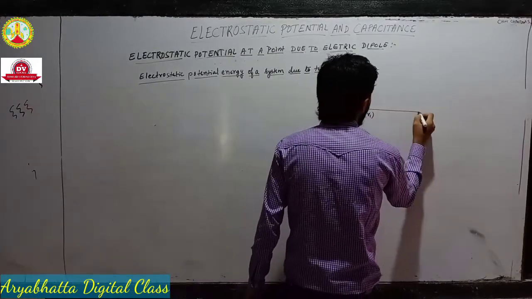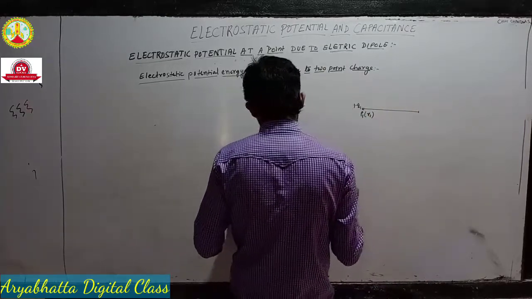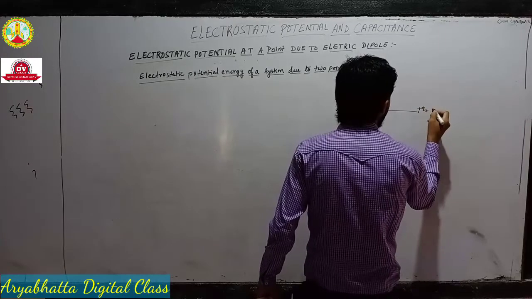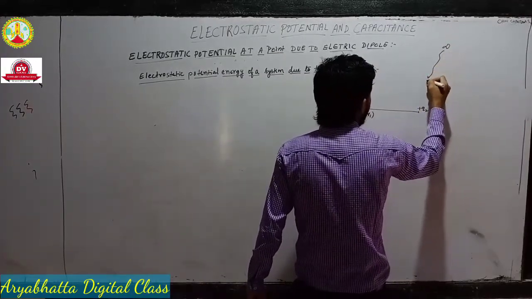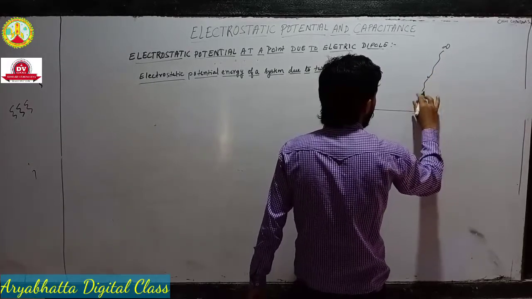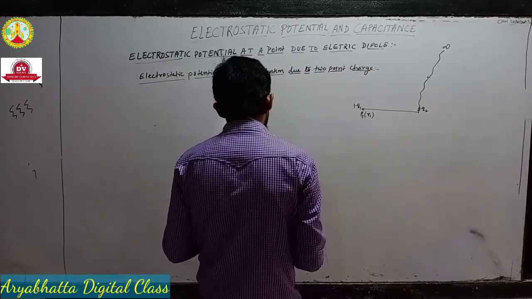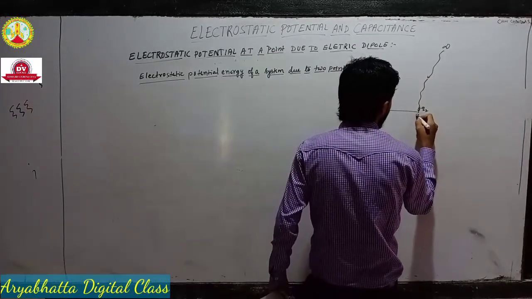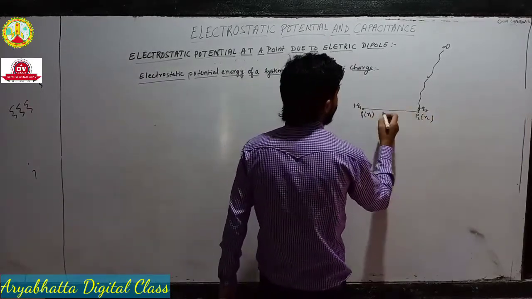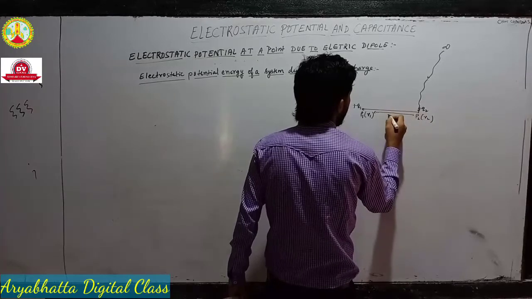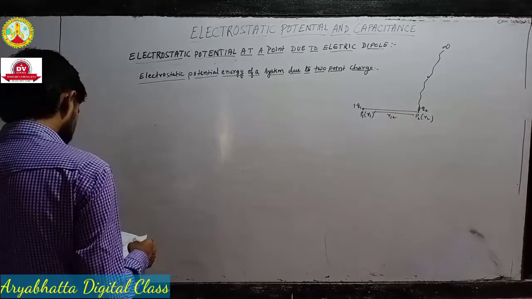And this will be brought by the charge plus Q2, which will be brought from infinity to this point. This will be called P2 and R2. So this is R1, R2. What will be the distance between these two? This will be your R1,2.